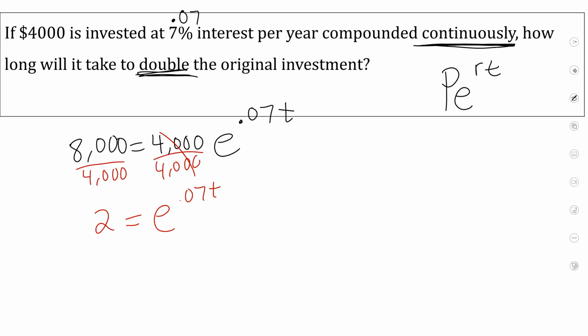All right, so from here, how do I get rid of an e? Yep, you're supposed to take the ln, the natural log of both sides. So you'll write an ln on both sides, natural log. This cancels out. We are left with ln of 2 equals 0.07 t.